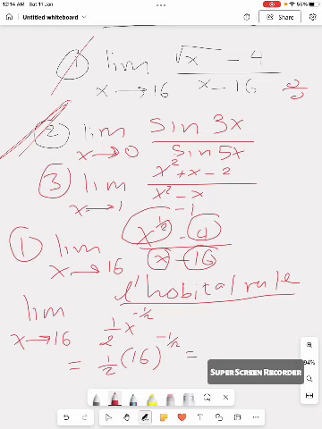So this becomes 1 over 8. Okay, as easy as that, very easy. Let us continue on number 2.